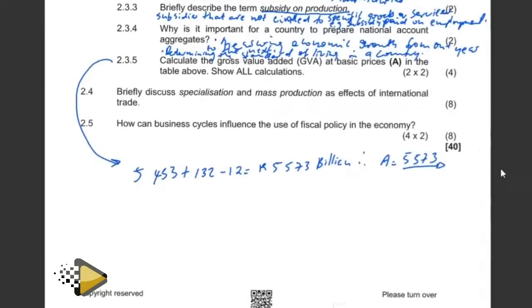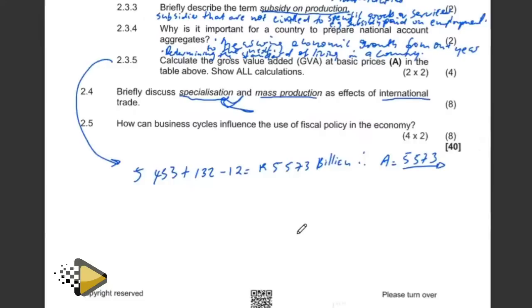The next question is expecting us to come up with the discussion of specialization as well as mass production as effects of international trade. In this regard, we are going to explain what specialization is, what mass production is, and what international trade is.